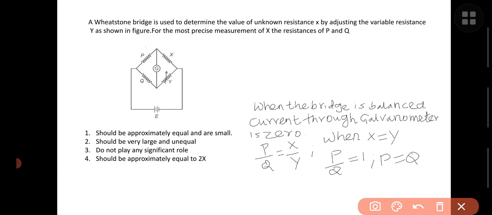Option 2, should be very large and unequal. Option 3, do not play any significant role. Option 4, should be approximately equal to 2X.